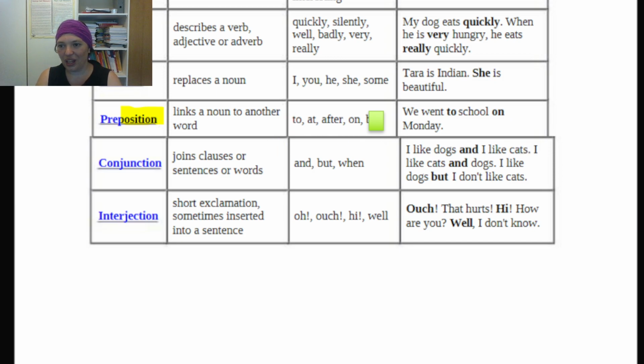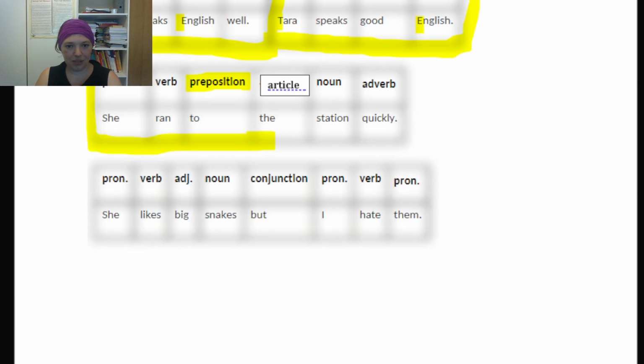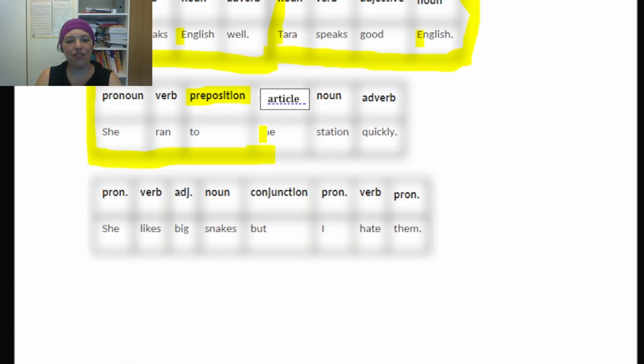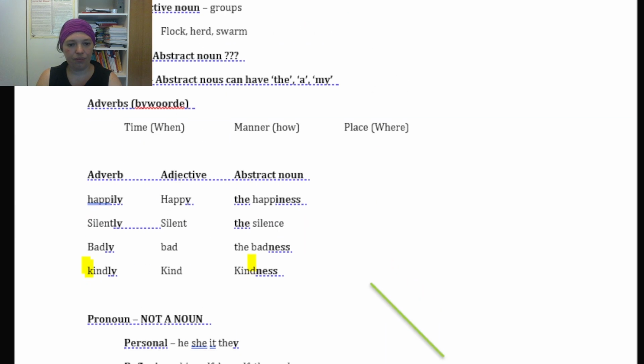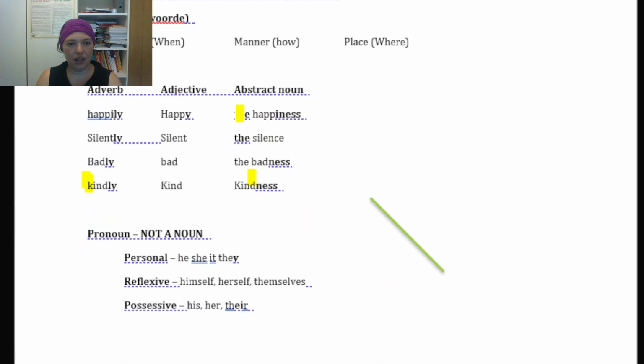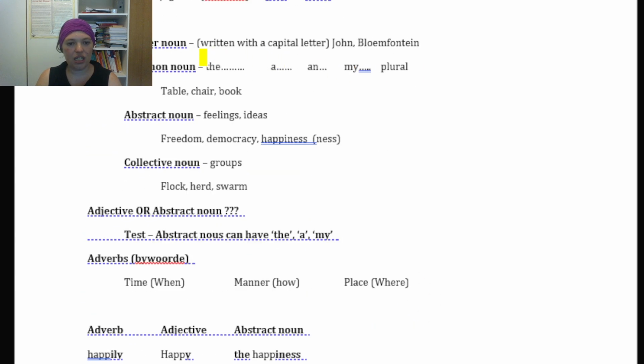So we have, okay, then we have the, which is an article. So articles is the, there's an article, the, or here we've got the, a, and an.